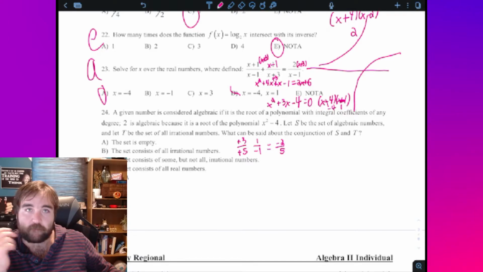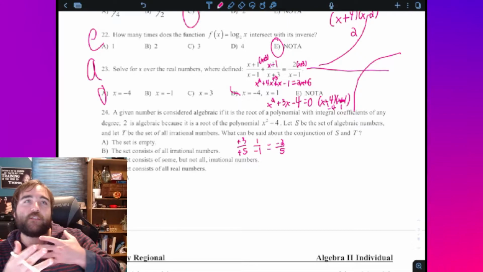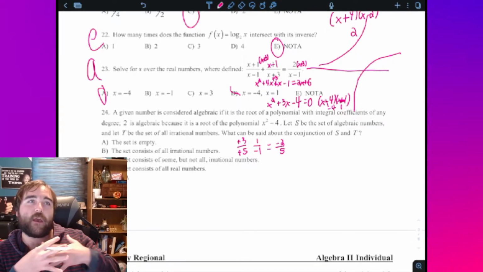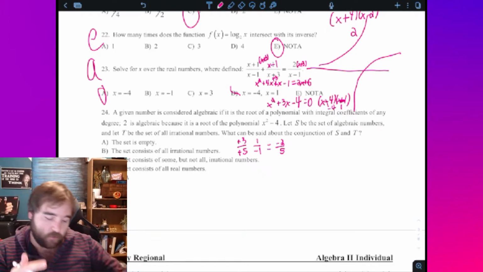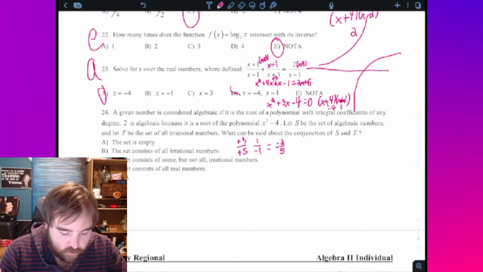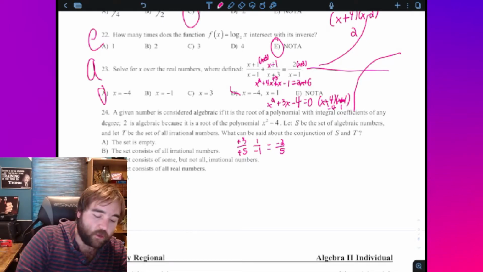Shoot, I'm not sure what conjunction means. I'm just thinking conjunction is, yeah, and, because otherwise it's union. So we're just going to go with some of them, but not all of them.